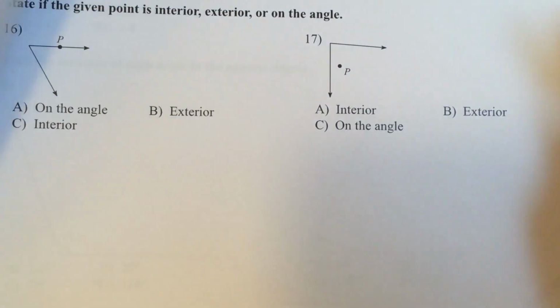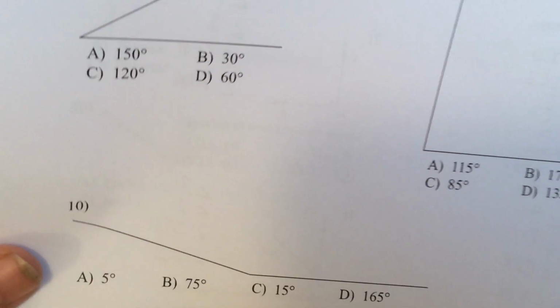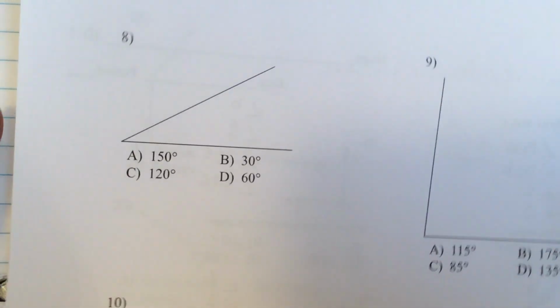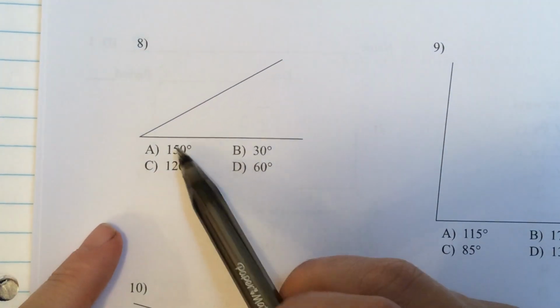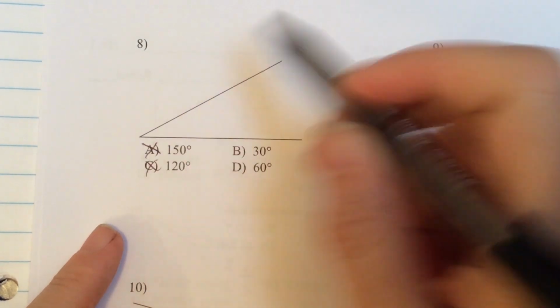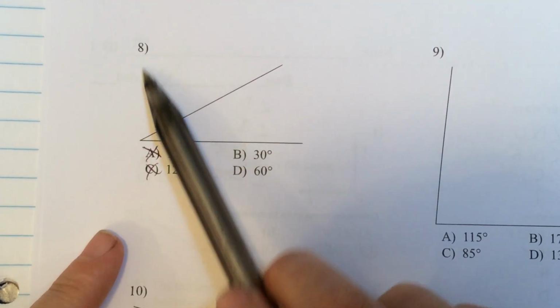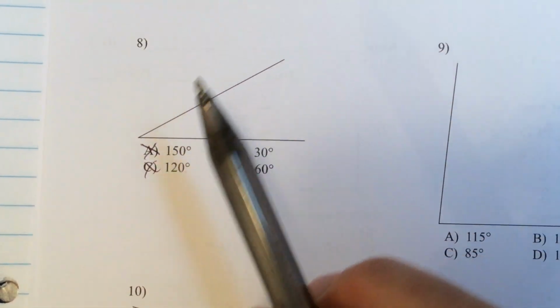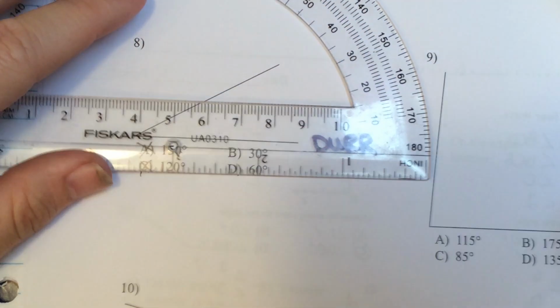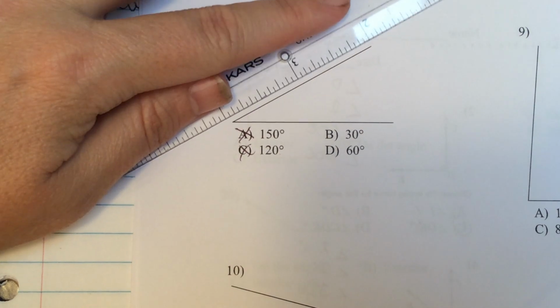All right, moving right along here, we're on page 2. Well, we can eliminate 2 of these already. It's not A and it's not C because this is not over 90 degrees. 90 degrees would be straight up and down here. So I'm going to guess 30, but we will find out.